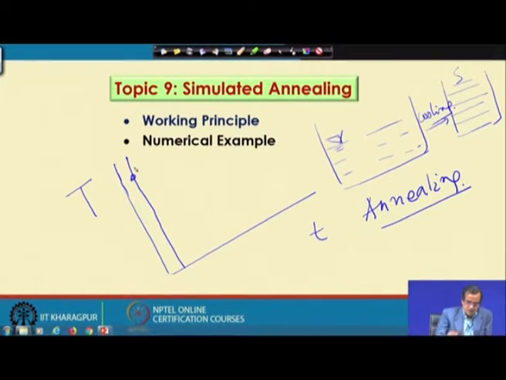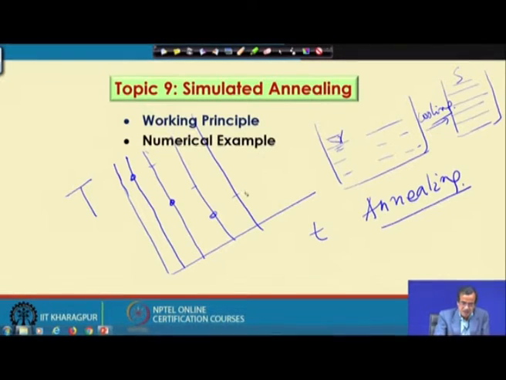In the next iteration we try to reduce the temperature to 50%, so it will be here. The next iteration the temperature will be reduced to 50%, the next iteration further reduced to 50% and so on. And if I fit one curve, this shows the variation of temperature.